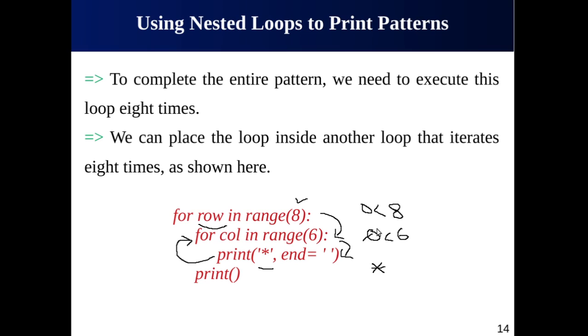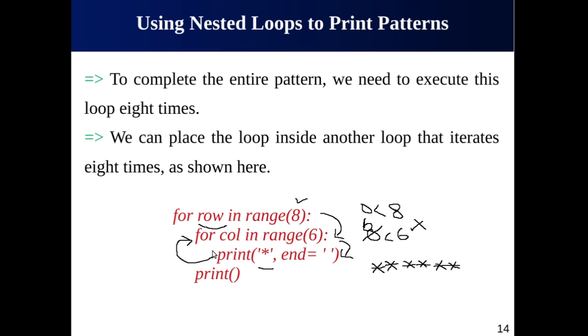So the previous value was 0, the new value is 1, check the condition, 1 is less than 6, condition again is true. Come to this print asterisk, and then it will happen 6 times, it will display 6 asterisks.